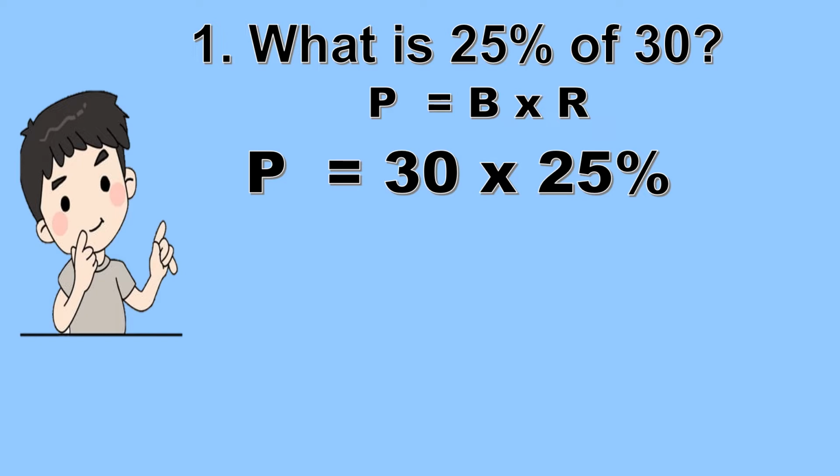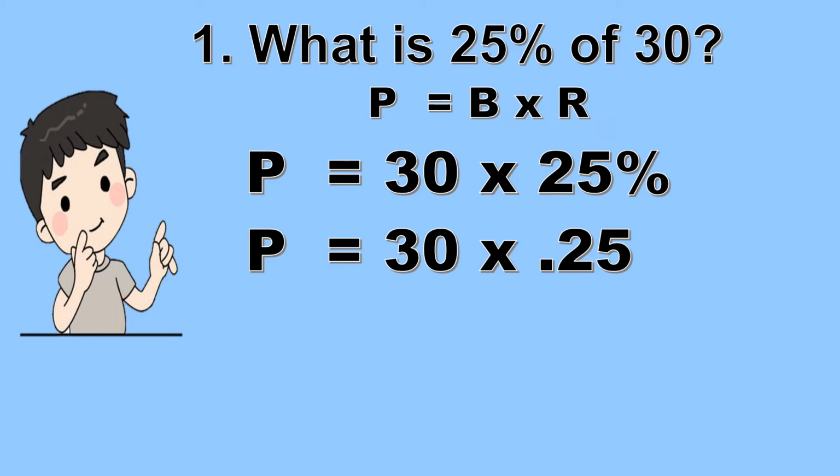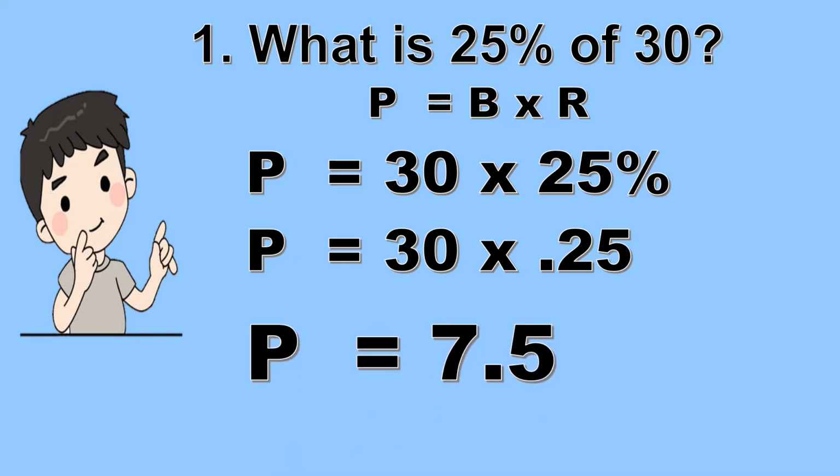First, convert 25% into decimal. Simply move the decimal 2 places to the left. Now, we have P equals 30 times 0.25. Then, multiply. 30 times 0.25 equals 7.5.